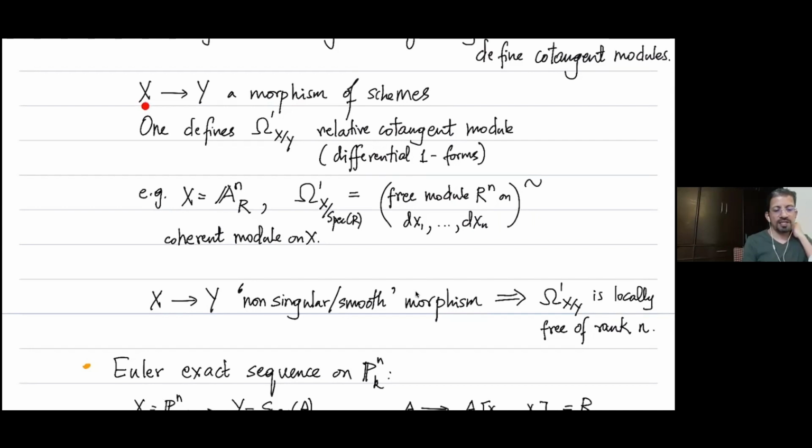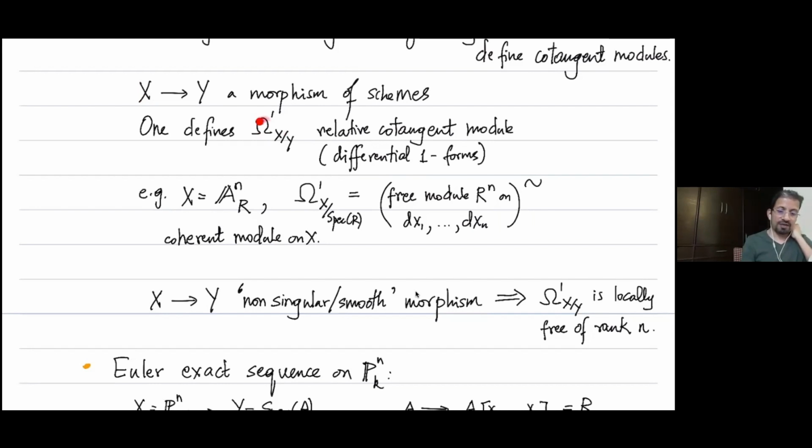Those are basically the kernels: if this was a submersion, then if you look at a map of tangent spaces, there'll be a kernel, and those kernels give rise to relative tangent spaces. You put them together, and that forms a bundle, the relative tangent bundle, and this is the dual of that.